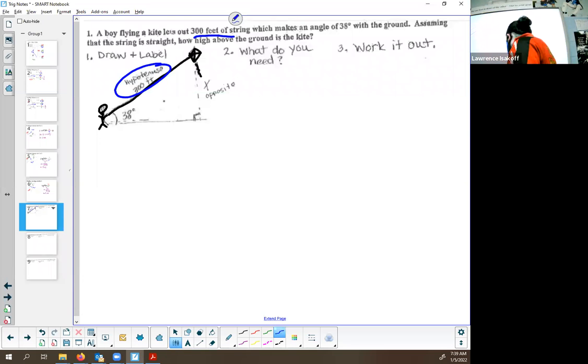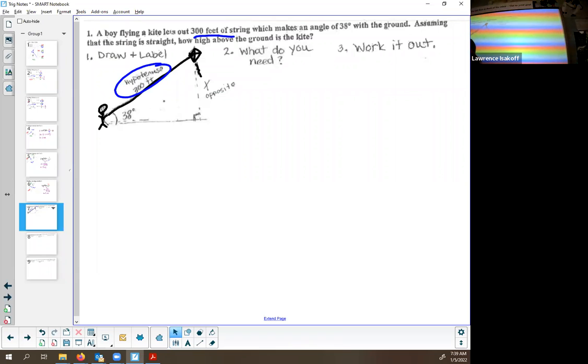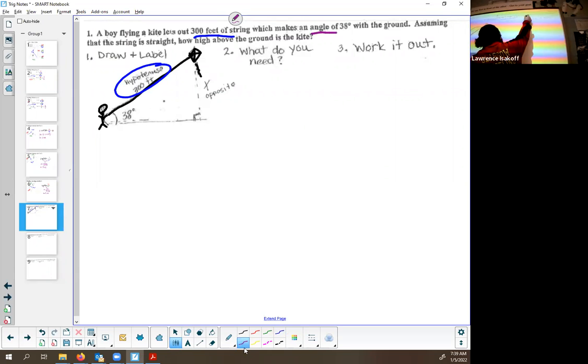And we know it made a 38-degree angle with the ground. So with 38 degrees, the ground is down here, and I know the angle it makes is 38 degrees.